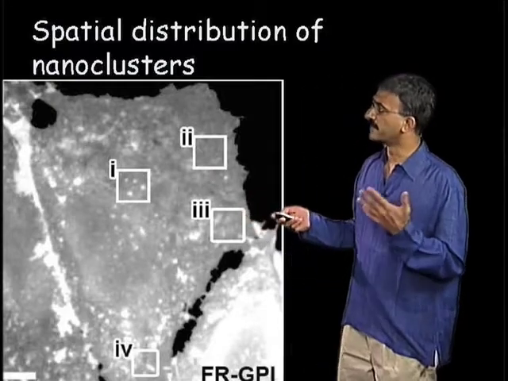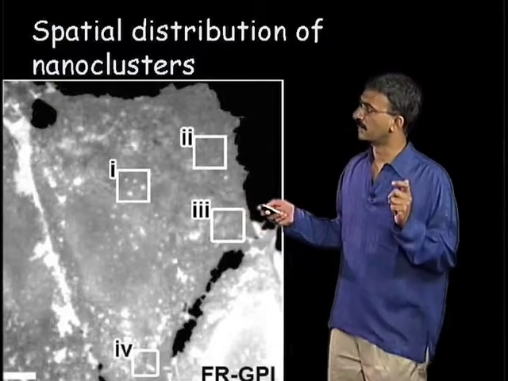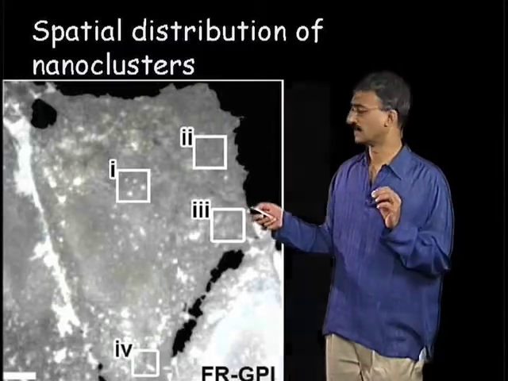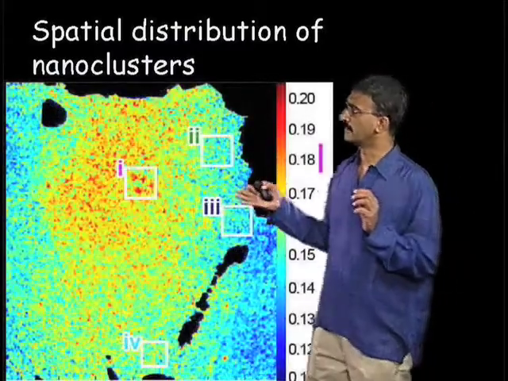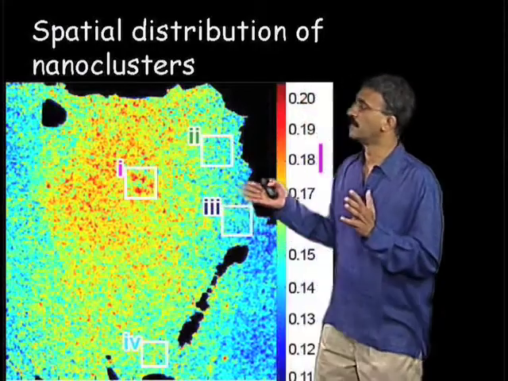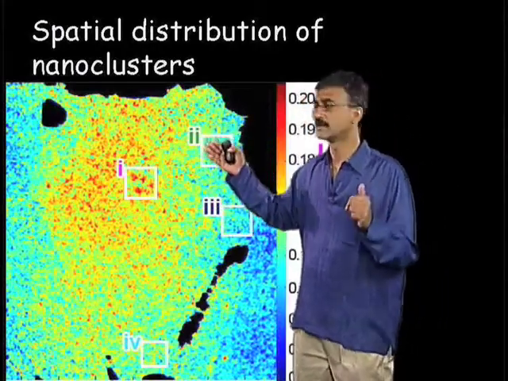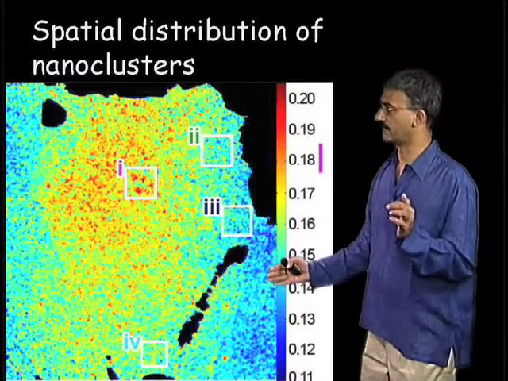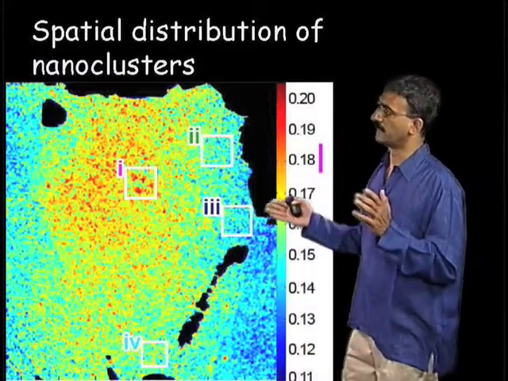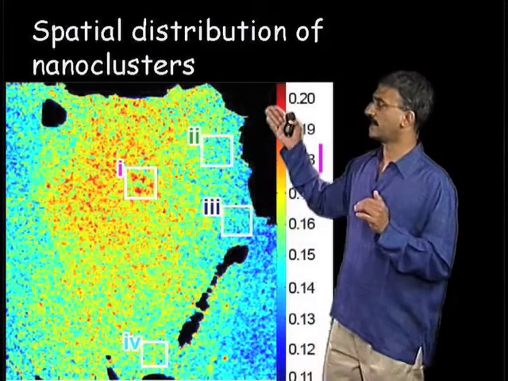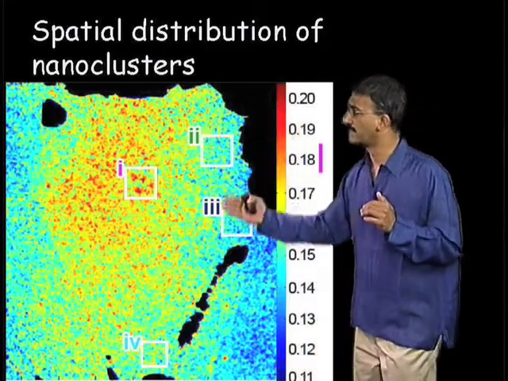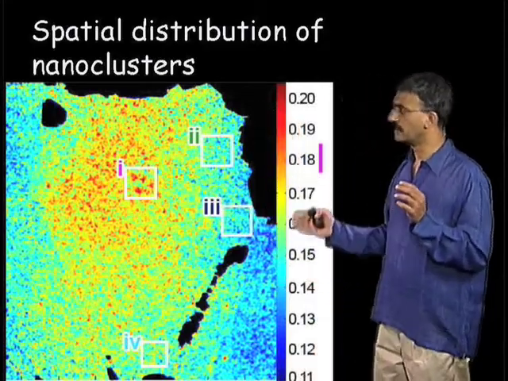undifferentiated. But if we now switch our gaze to the FRET signal, and here the code is red for very low FRET and blue for very high FRET, that is corresponding to high level of anisotropy and low level of anisotropy.